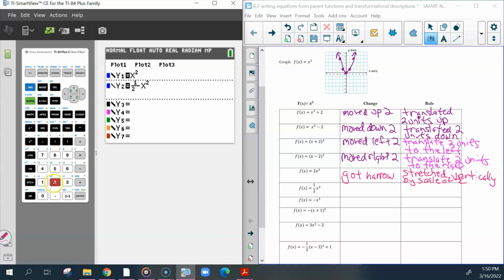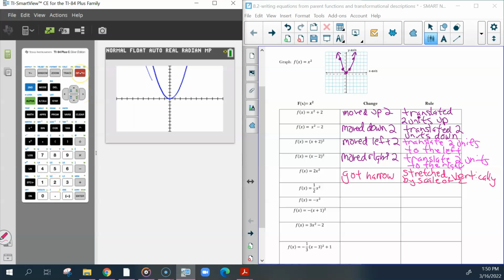Now it looks like it's gotten wider, and what it's really doing is compressing or shrinking toward the x-axis. So the rule there would be compress vertically by a scale of 1/2.